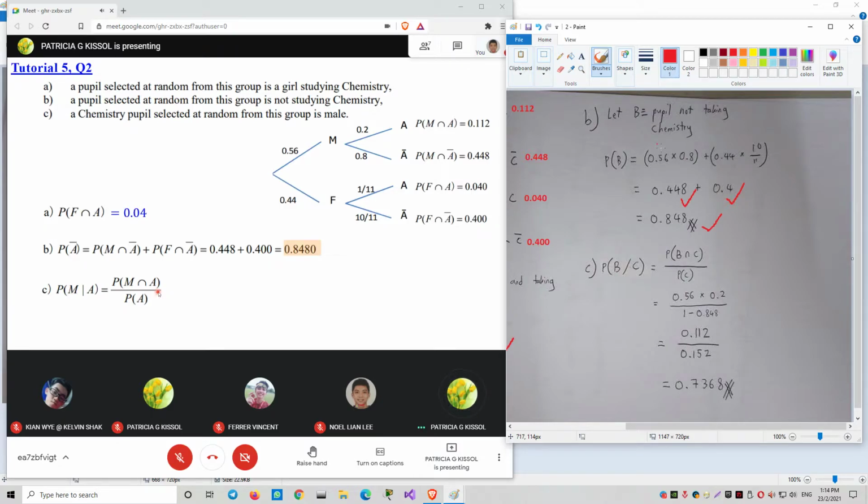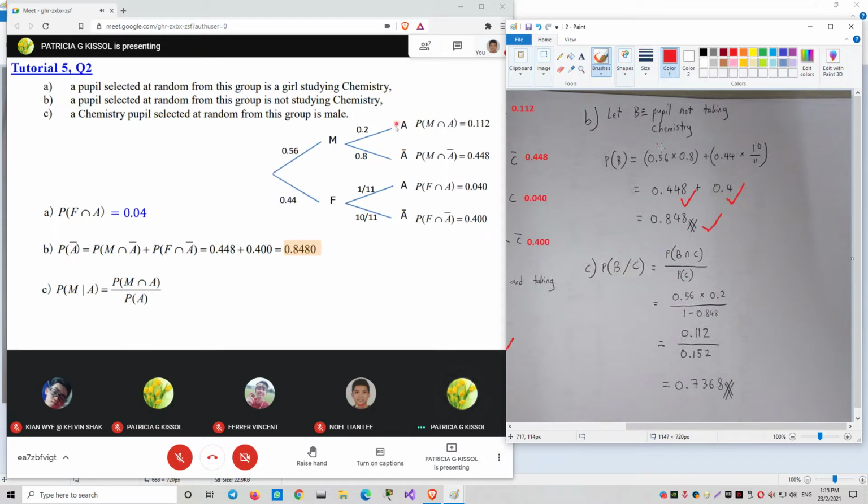So from here, where do we get the probability of M and A? It's from here, right? 0.112.